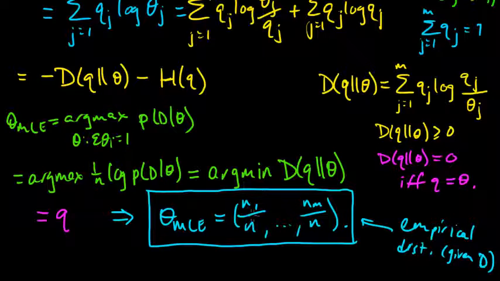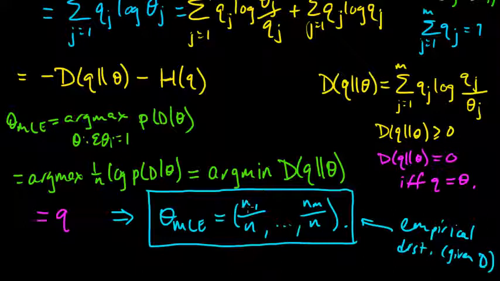So you just look at the fraction of times that the die comes up 1, and that is your maximum likelihood estimate for the probability. Remember, you're estimating the probability that x equals 1.